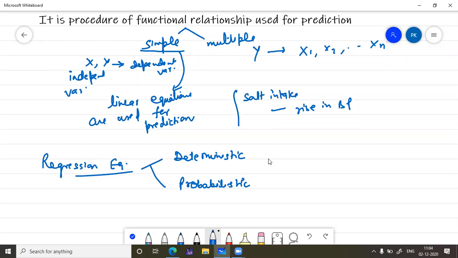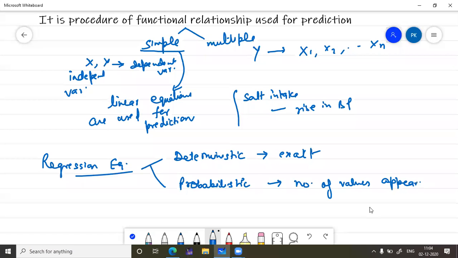The deterministic equation predicts the exact value of the dependent variable, whereas in the probabilistic one, a number of values appear for a given value.